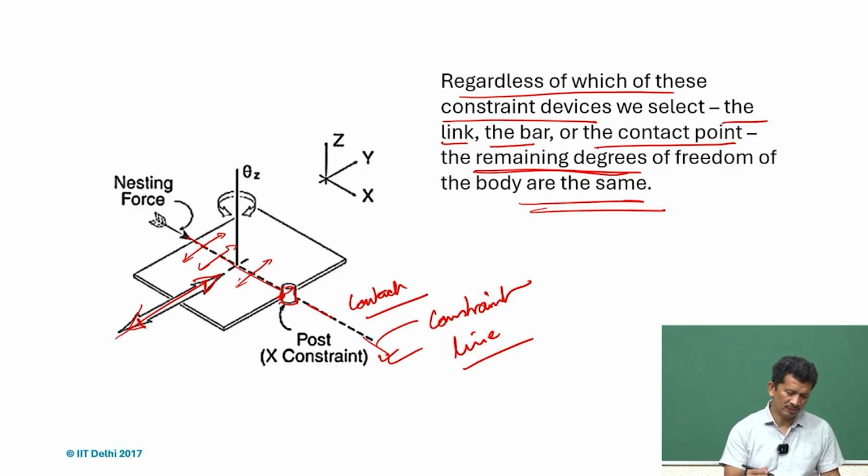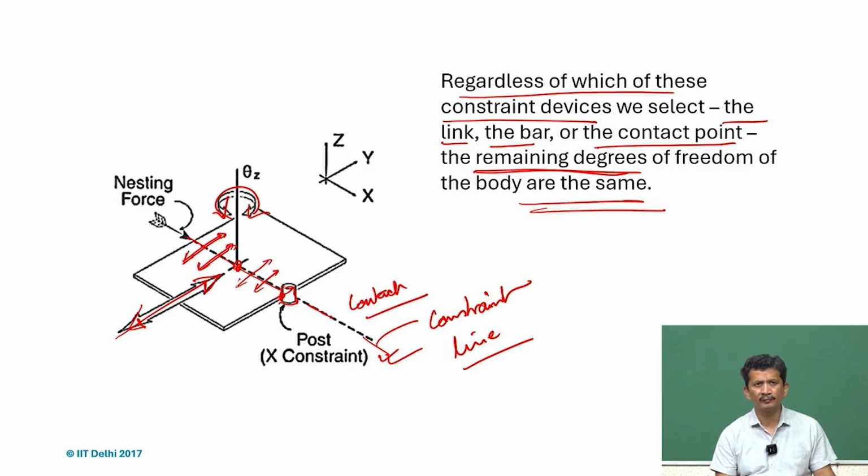What it also means is, if we try to rotate along the z axis, which can be on the constraint line or passing through any point on the constraint line and perpendicular to the plane, we can choose any axis, and if we try to rotate, it is possible, because wherever that point may not move, elsewhere we will have that tangential motion, the motion perpendicular to the constraint line, and therefore, that rotation is also possible.